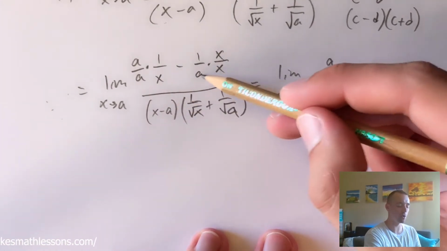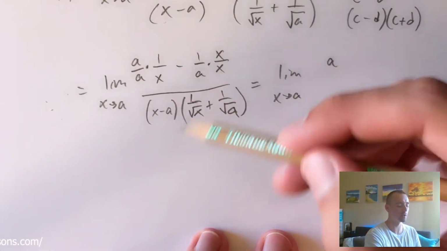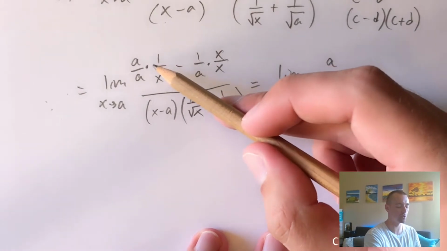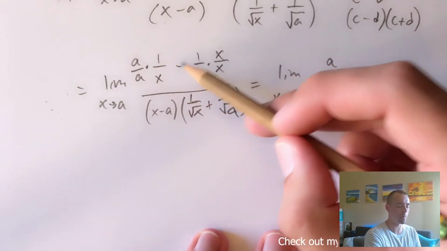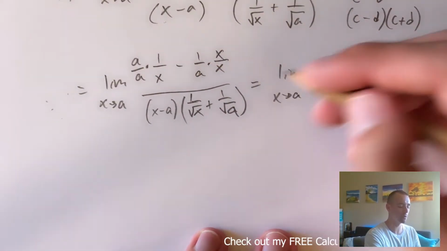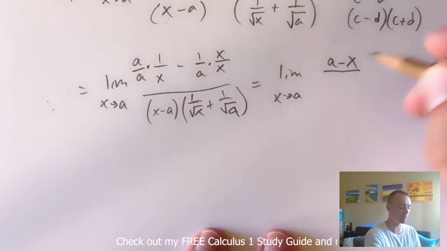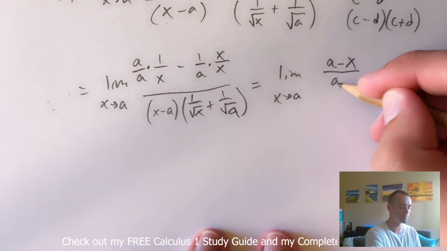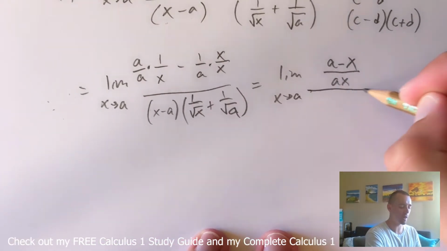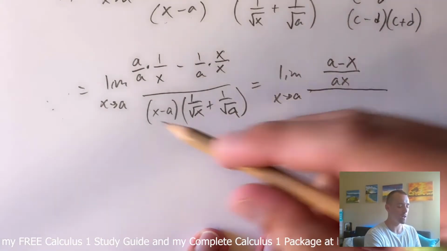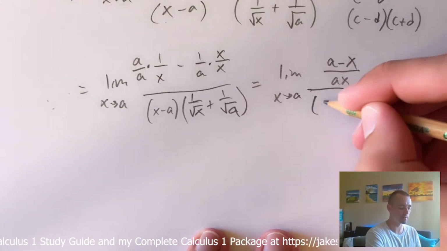This fraction is also going to be over a times x. So what that means is we're going to be able to just do the numerator of this one minus the numerator of this one. 1 times x is x, so a minus x over a times x. And that is our entire numerator now. And again, our denominator is just going to stay the same.